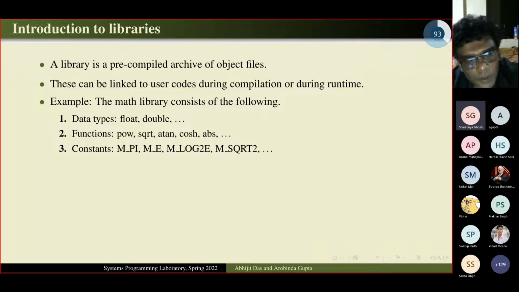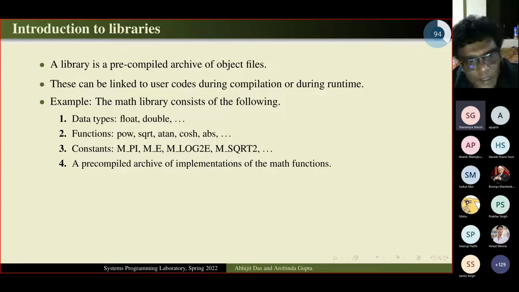The math library also defines several constants like pi, e, log 2e, square root 2, things like that. And finally, you should have a precompiled archive of all the implementations of these functions like pow, square root, arctan, and so on. Okay.